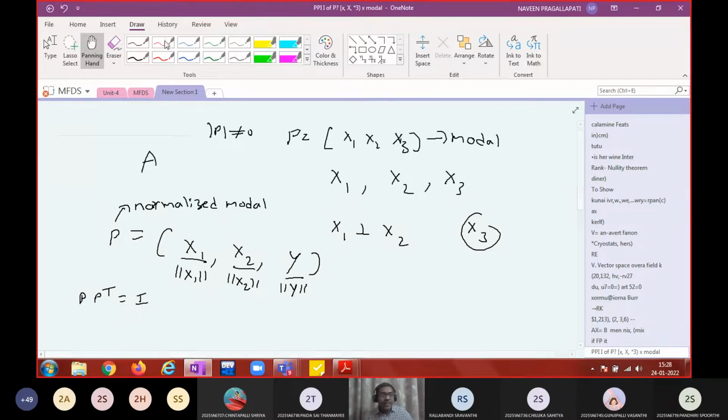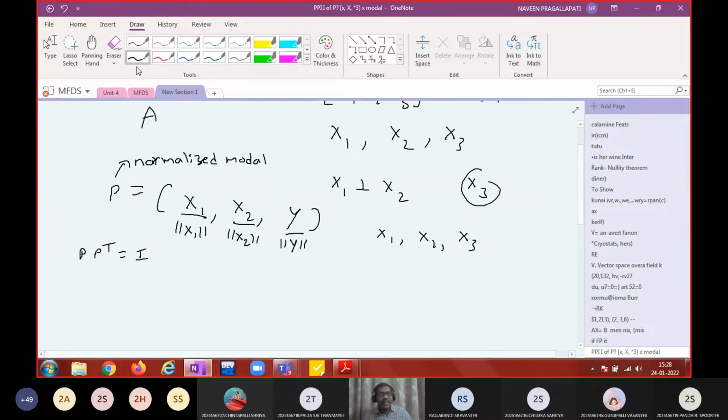Let us say x1, x2, x3 are such that no two vectors are perpendicular. Then you have the Gram-Schmidt orthogonalization process. You apply that process and find W1, W2, W3, which are orthogonal vectors, and divide each vector by its norm. That gives the orthonormal vectors. You put these orthonormal vectors in a matrix form. That is going to be an orthogonal matrix.